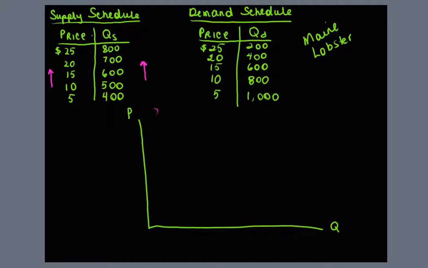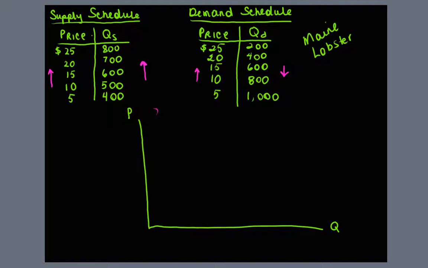And on the demand side of things, as the price increases, the quantity demanded decreases. So this conforms to what we would expect regarding the behavior of our suppliers and our consumers.